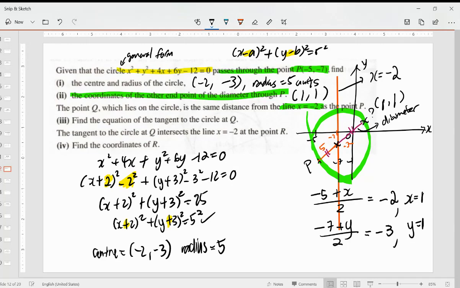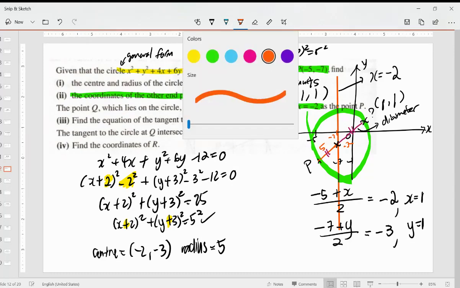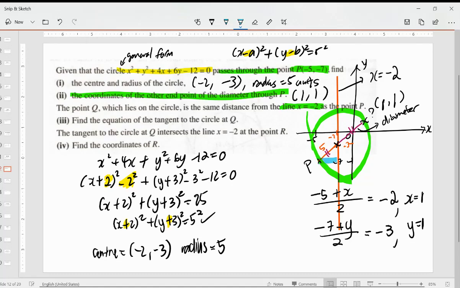It says that Q is the same distance from this line as P. So it will not be a distance from the center; rather you have to look at this point here. If we look at the coordinate for P at the moment, it is at -5.